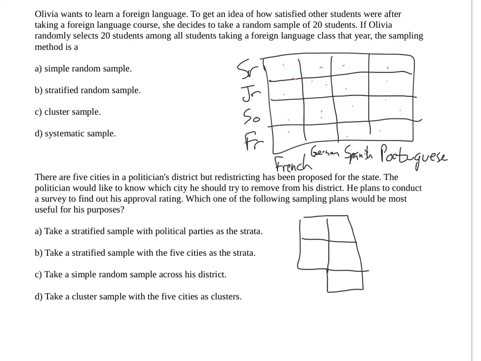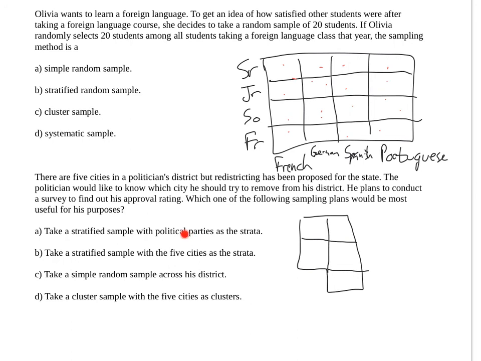So, as you may have gathered by the fact that there are 2 options, you've got a stratified sample with political parties as the strata and a stratified sample with the 5 cities as the strata. So, here's the 5 cities as the strata. Political parties would be, he'd poll Republicans, Democrats, and Independents equally.